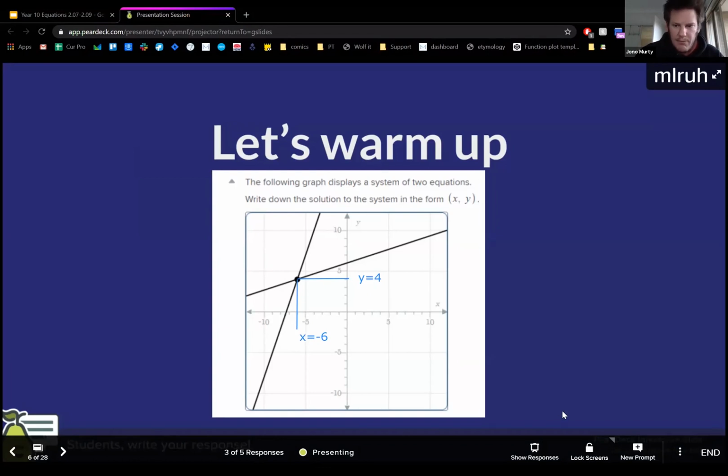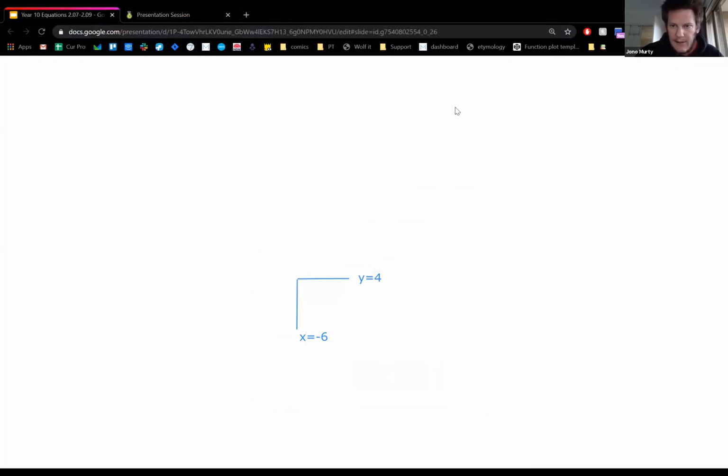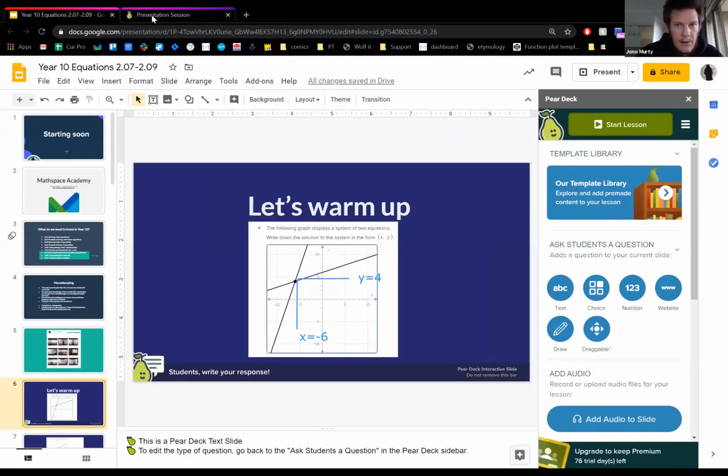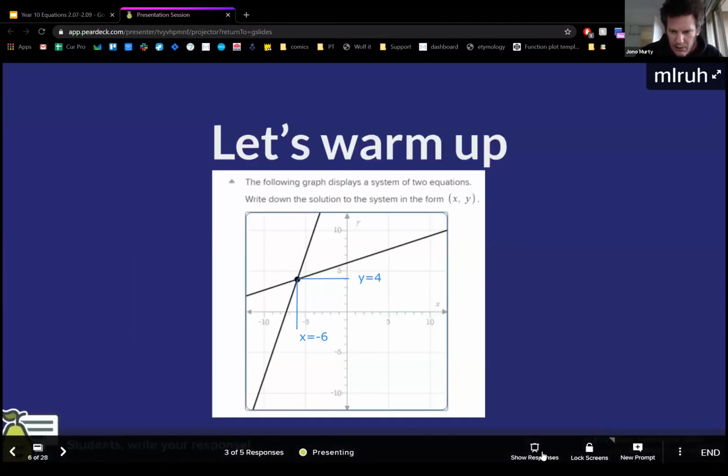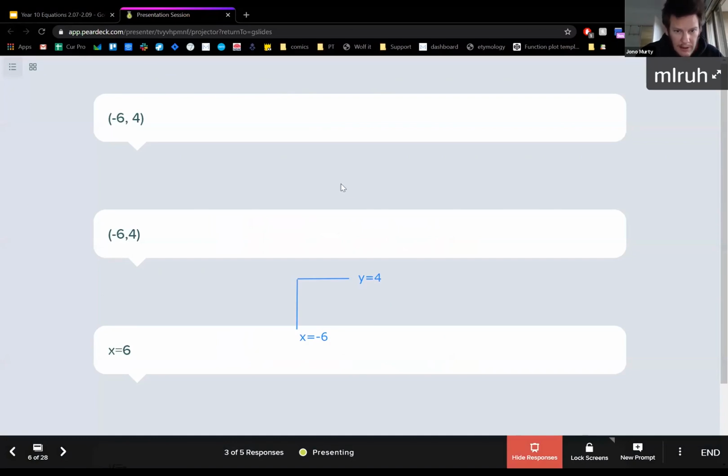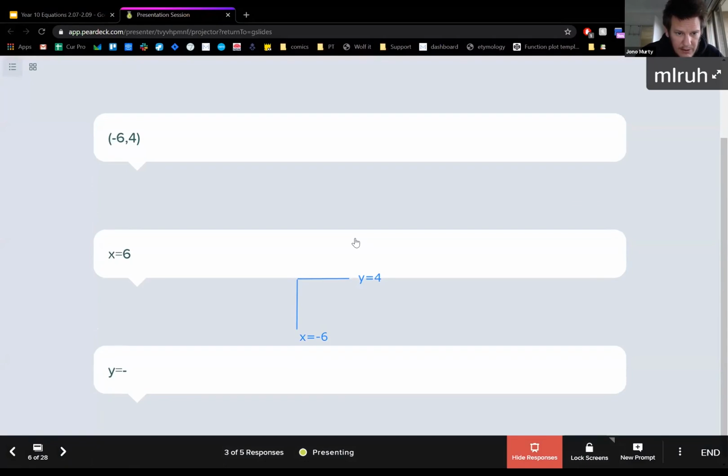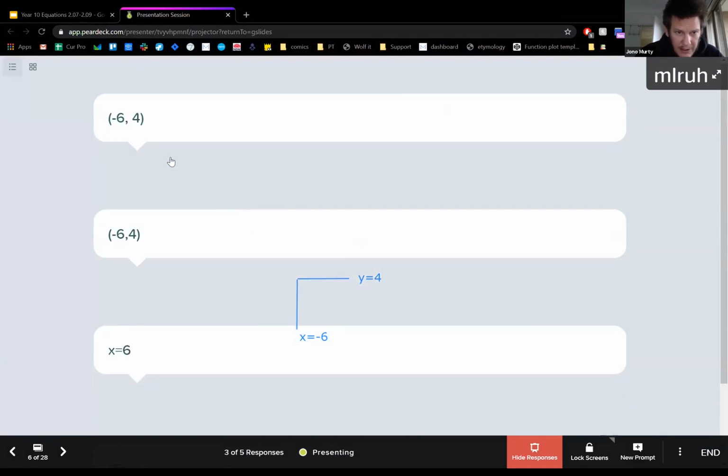Now, where's my pair deck answers? Okay, looks like we've got that one sorted. x equals -6, y equals 4. Yep, this one not quite right.